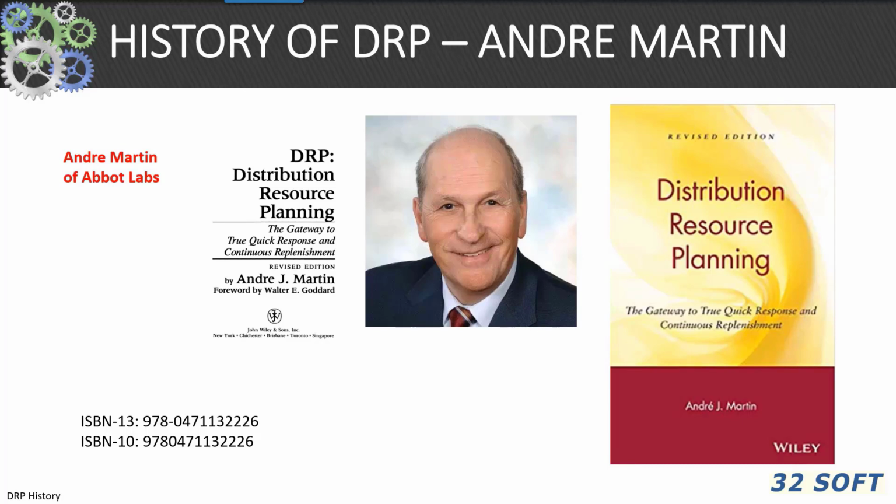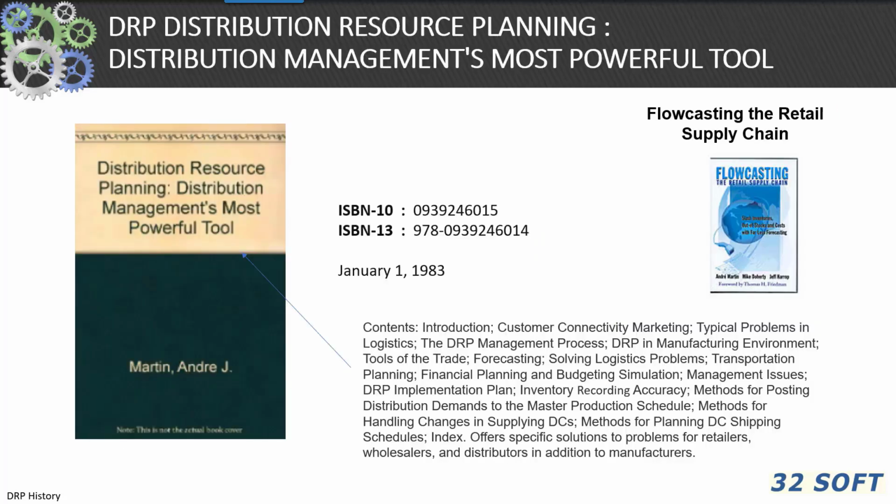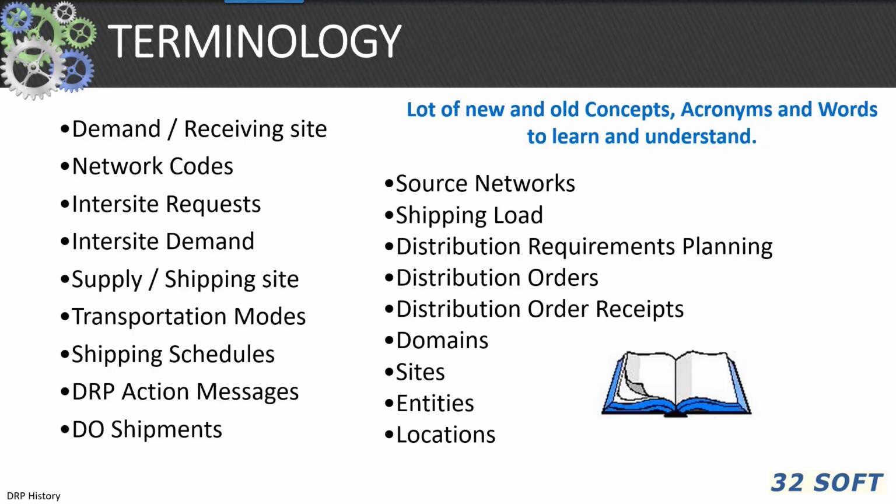He is the author of 3 books, the primary of which is DRP, the Gateway to True Quick Response and Continuous Replenishment. He also has another book called Distribution Resource Planning, Distribution Management's Most Powerful Tool. If you're interested in retail applications, he also authored Flow Casting, which you might be interested in.